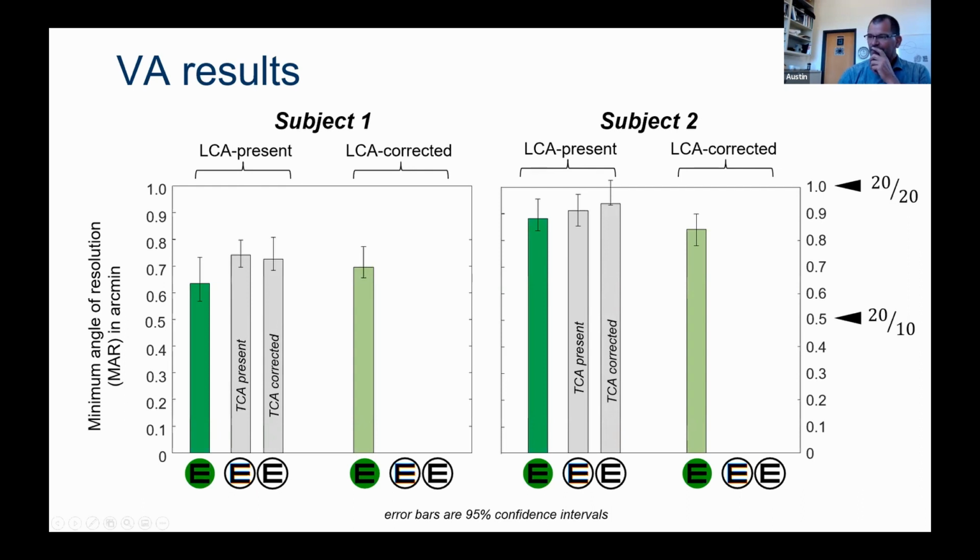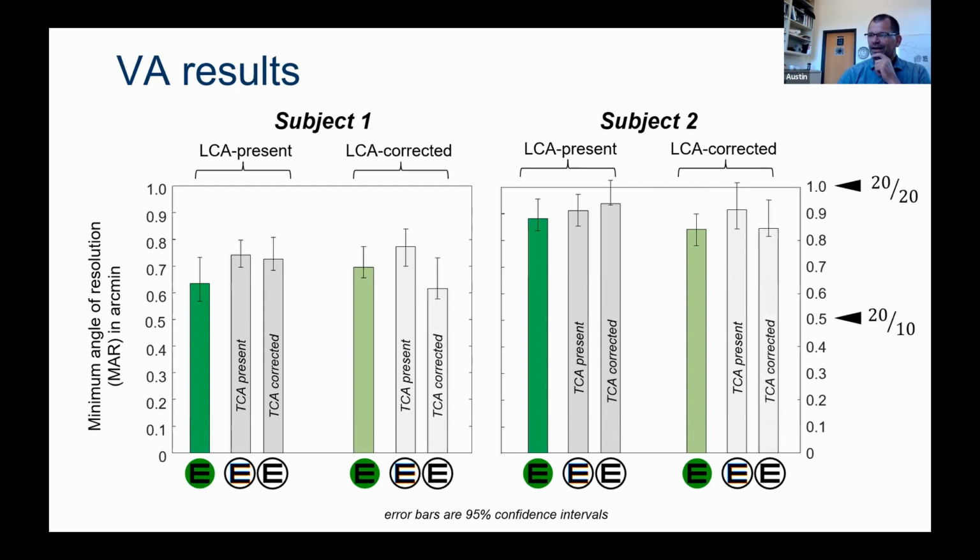When we correct for the longitudinal chromatic aberration in white light, but not the transverse chromatic aberration, the visual acuity is moderately worse than in the monochromatic condition. And then finally, when we correct for the LCA and the TCA, the acuity gets better and approaches the monochromatic condition.